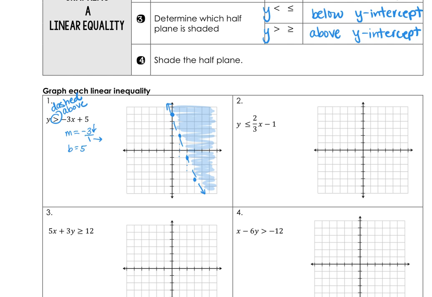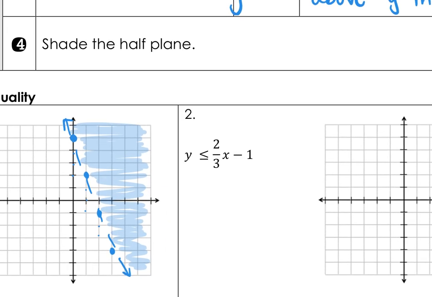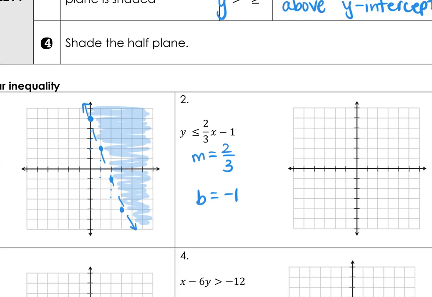Number 2, we have y is less than or equal to 2/3 x minus 1. Again, this is already in y equals mx plus b form, so we don't have to worry about doing any rearranging. The slope here is 2/3, and b, the y-intercept, is -1. This is going to help us graph it.